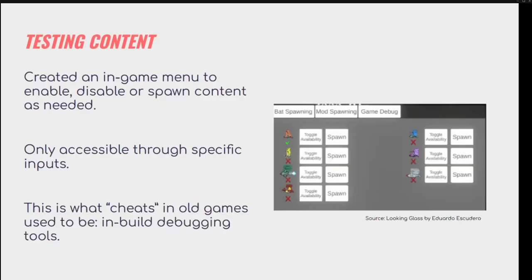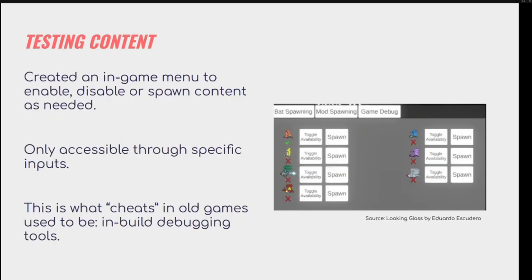For testing content, we did create an in-game tool called Looking Glass, which allowed us, once we were in-game, through a series of secret handshakes that you need to do in the pause menu, to spawn this little sub-menu on the bottom right of the screen that allowed you to toggle the spawning of the different types of bats or forcefully spawn some of them.